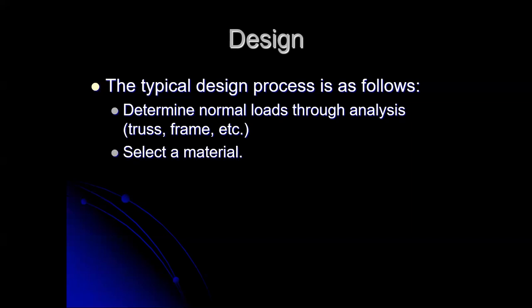We have to pick a material, and sometimes it's wide open. We can pick any material we want. In other cases, we're limited by things like cost and availability. Like right now, if you're building something, certain types of plywood are probably not high on your list for things you want to go buy right now, because the prices have gone insane on things like OSB, oriented strand board.